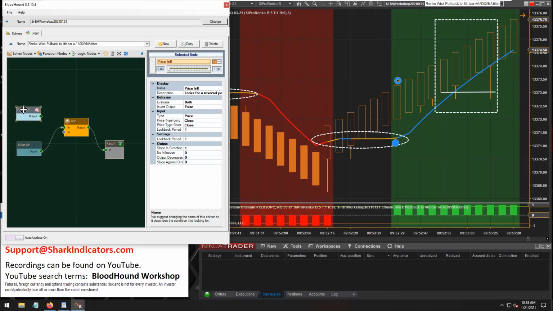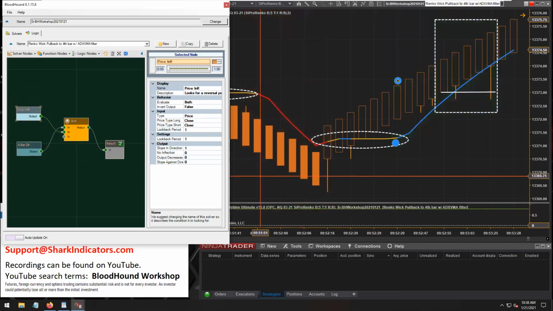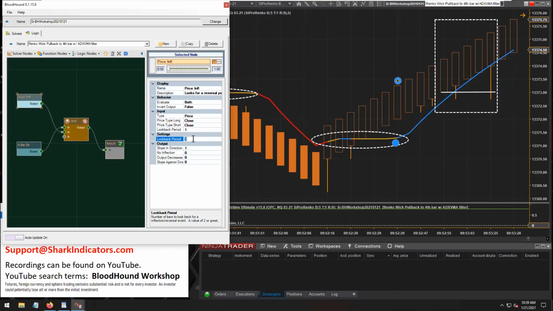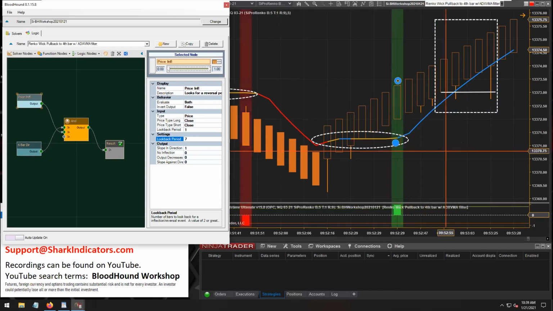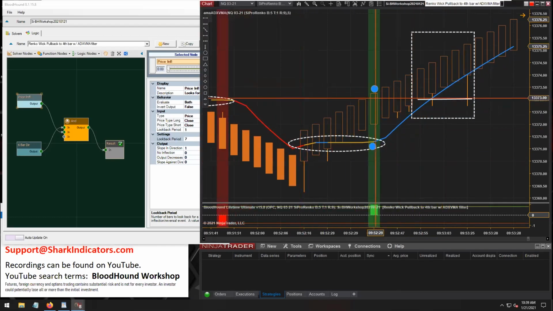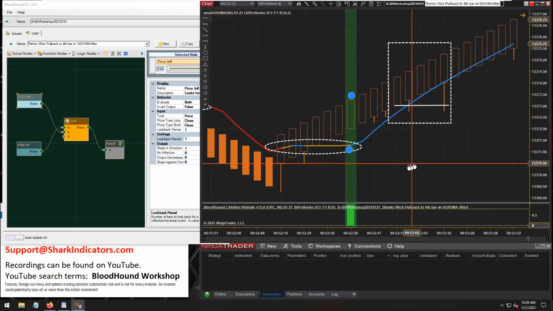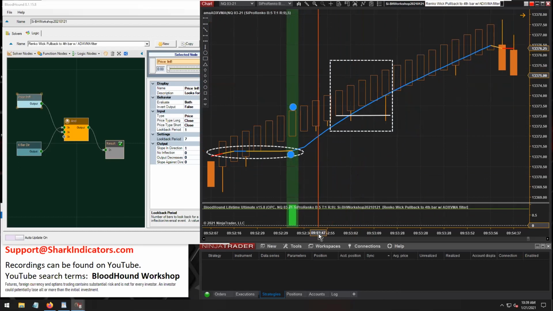If we connect it in, we're not getting any kind of output. Normally I would have to set the look back period. If I set that look back period to 6, maybe one more, to 7, like so, we're getting a signal, but it's only on that one bar.